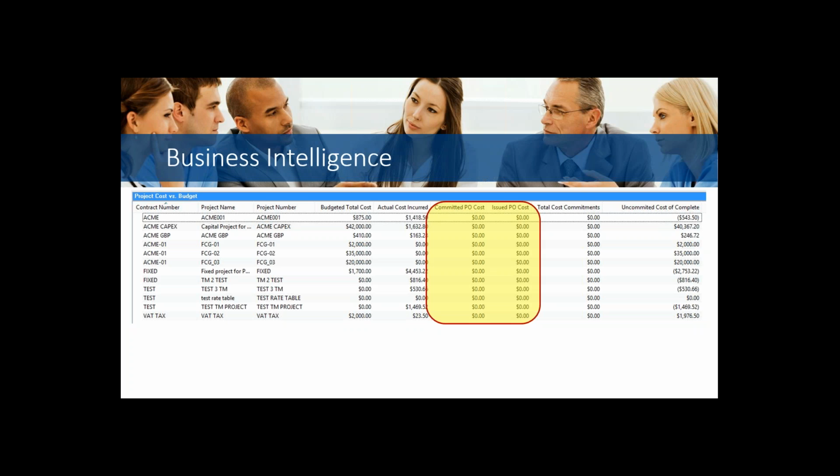On the other hand, I've got issued PO costs. Those PO costs are purchase orders that I have issued, but nothing has been processed against those purchase orders. And for me, in this report, that represents more of a long-term cost. I've submitted that purchase order to the vendor, but I don't expect those costs to come in until a date further out.